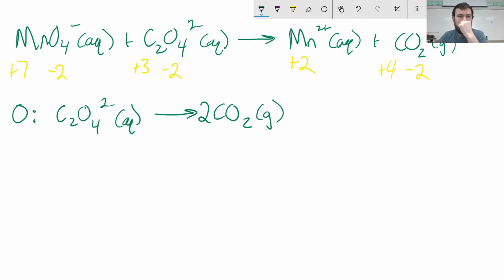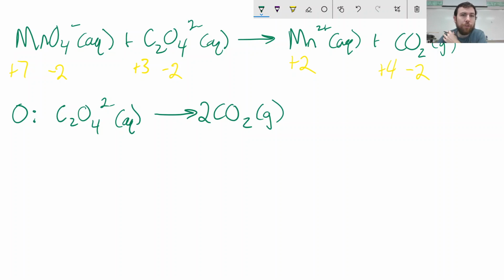All right. Now, we do that, and that gives us 2 carbons on each side. That's good. And then we look at it and say, okay, how many oxygens do we have? Well, we've got 4 oxygens on the reactant side. We now have 4 oxygens on the product side. That's a good thing. So now we've got our atoms balanced. And so we don't need any hydrogens or anything. So then we just need to figure out, okay, how many electrons were lost? Looking at that, we look at the overall charge on the left.